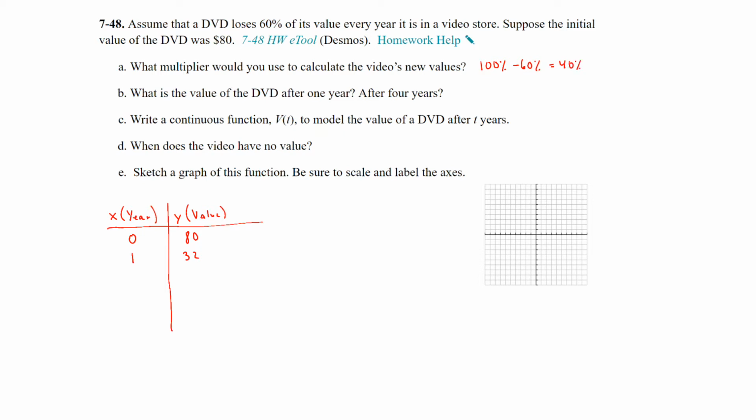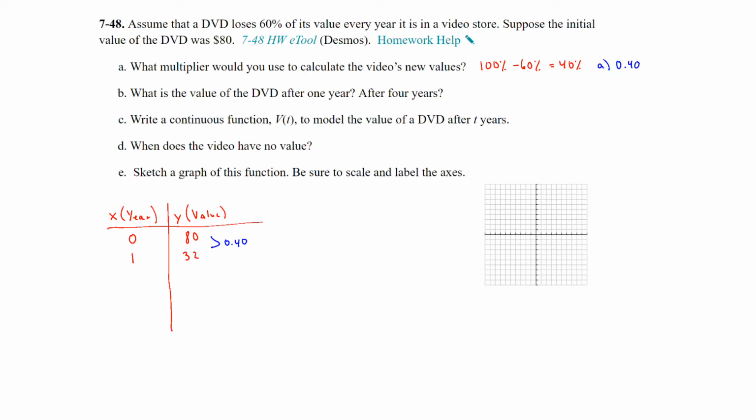So you're only going to be left with 40% of that value. And so at year 1 it would be $32 because I am multiplying 80 times the 40%. That's what that value is. So the multiplier for A is 0.4.